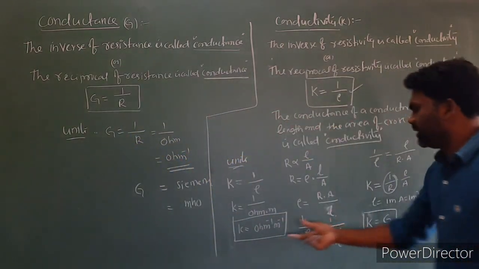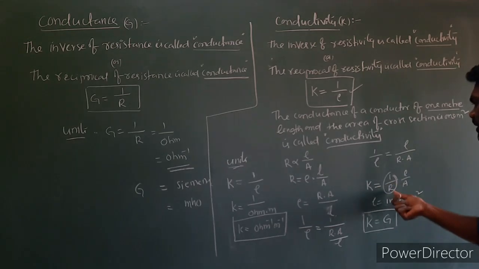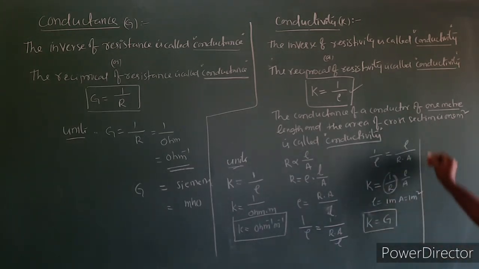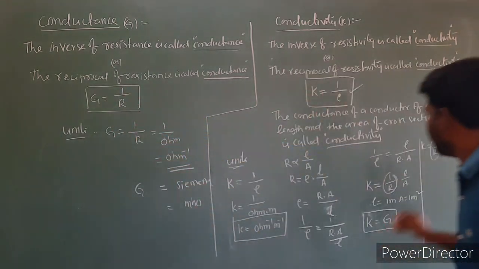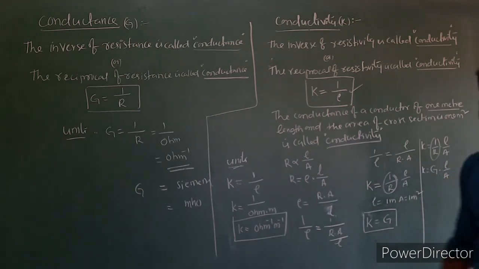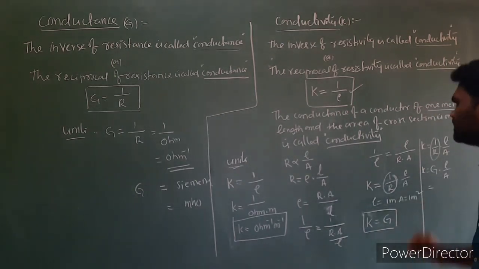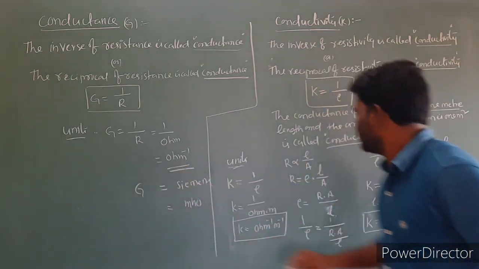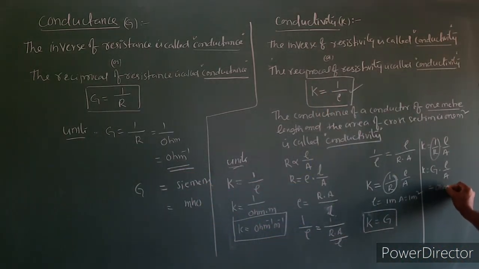You can even derive the units by taking this formula: K is equal to 1 by R into L by A. Here 1 by R is nothing but G, so K is equal to G into L by A. The unit of G is ohm inverse, L is meter, and A is meter square.